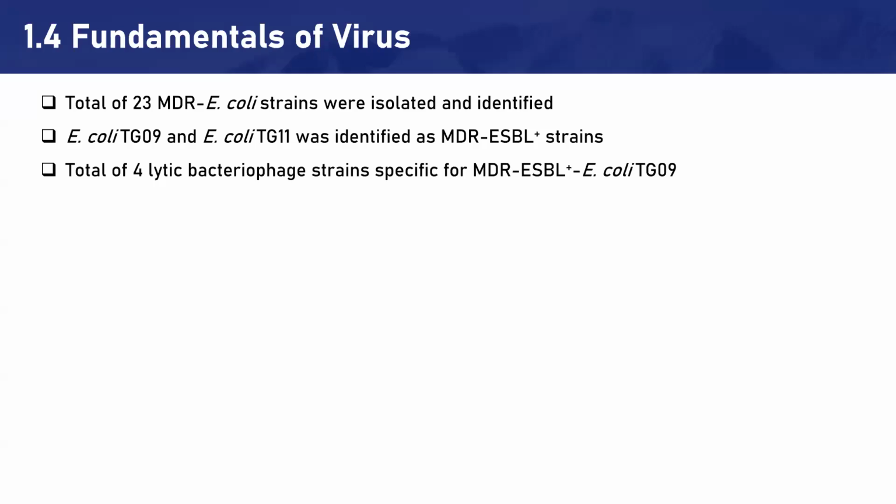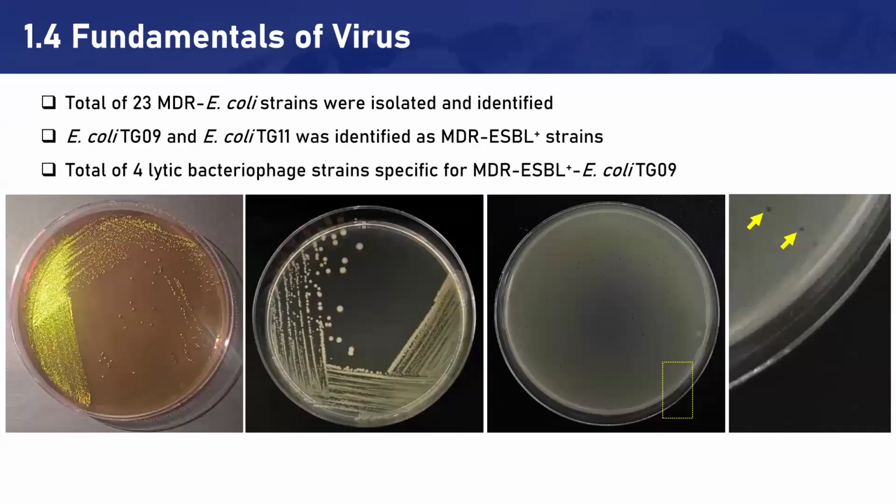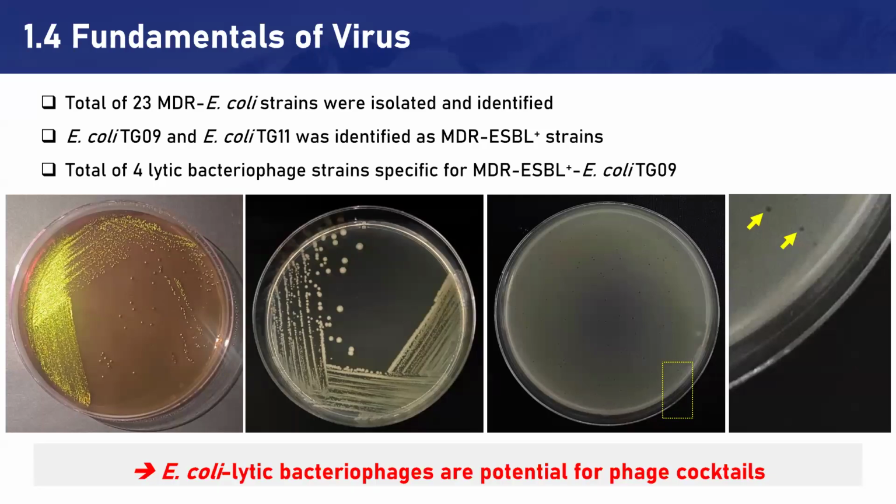We can use the bacteriophage to control the multi-drug resistant E. coli. When we have the results, we can suggest that E. coli lytic bacteriophages are a potential phage cocktail, and the phage cocktail has potential to be applied to reduce the concentration of the bacteria in the animal.